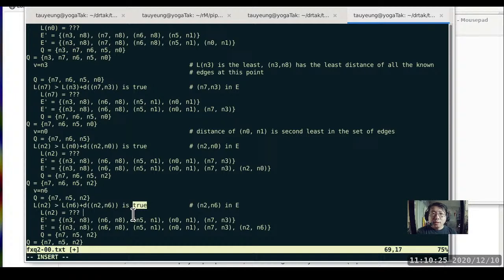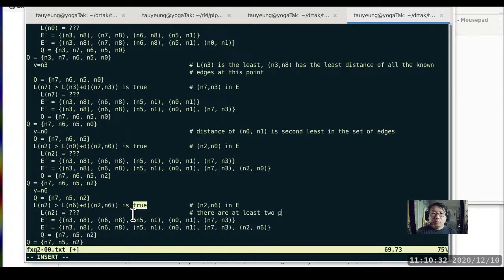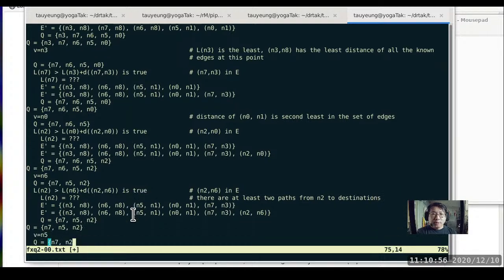We can now say that there are at least two paths from N2 to destinations. This is important because we also know that the edge N2, N6 is leading to a shorter path to a destination.